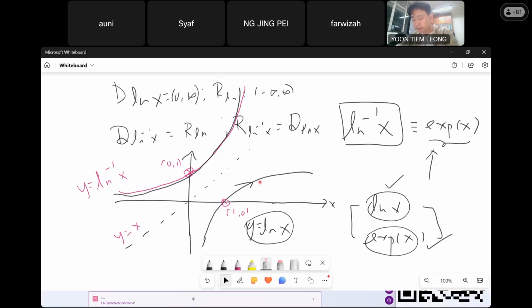So here is a point (e, 1), and when you reflect it about the y equals x line, it becomes (1, e). So (1, e) is a point sitting on the exponential curve.